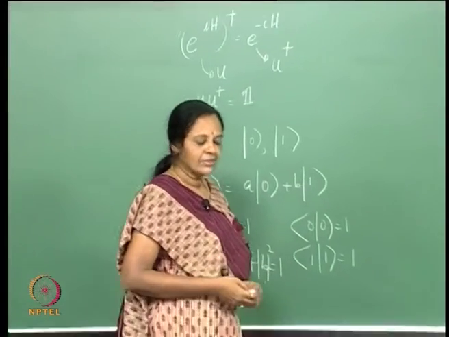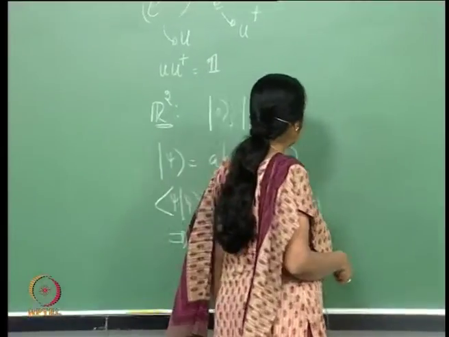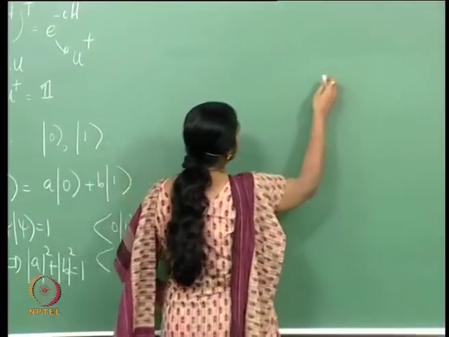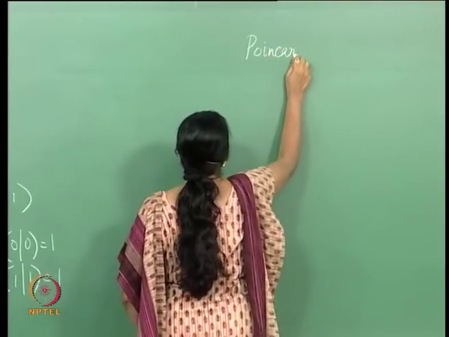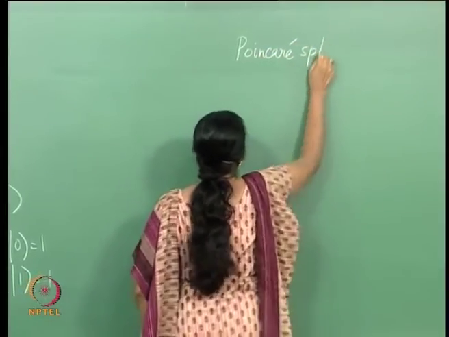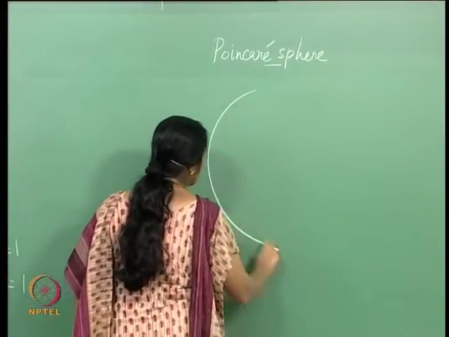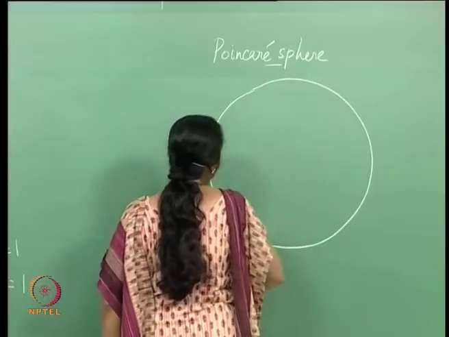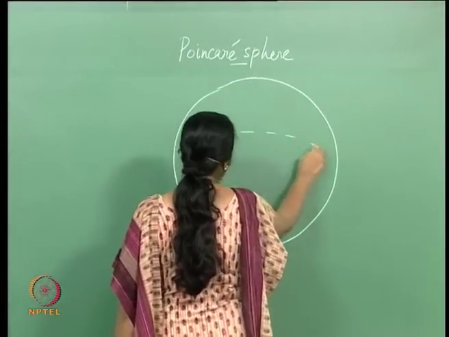There is a nice geometrical way of showing the qubits, and this is in terms of the Poincare sphere. So, I have this sphere of unit radius and this is the equatorial plane.